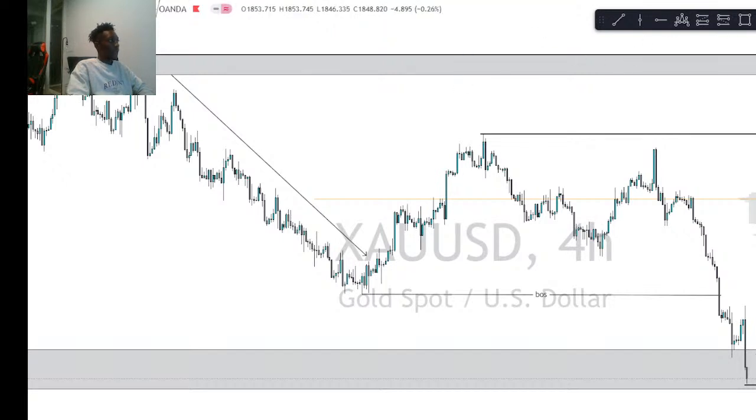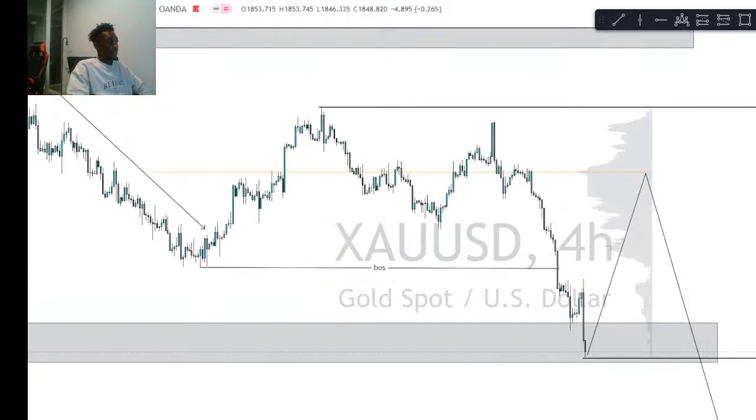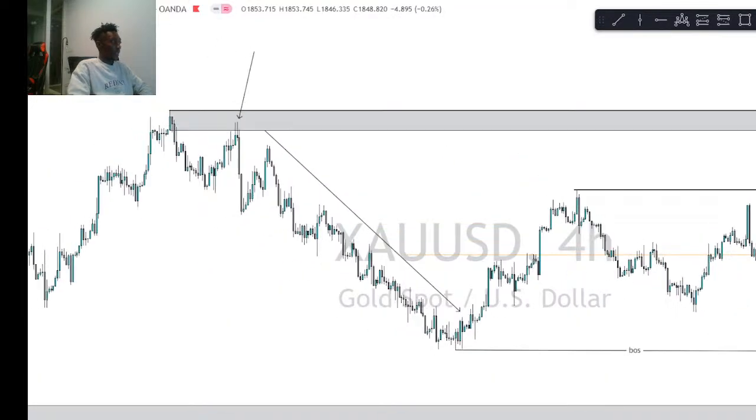If the market is trending to the downside, we need to test a zone here and then a continuation to the downside, just like that. Meaning we are buying to sell.